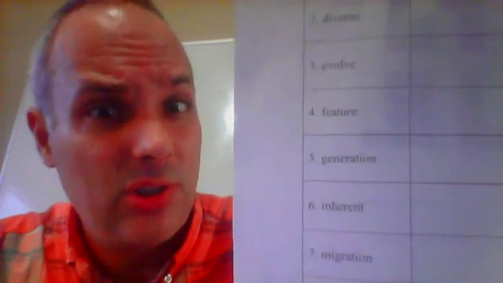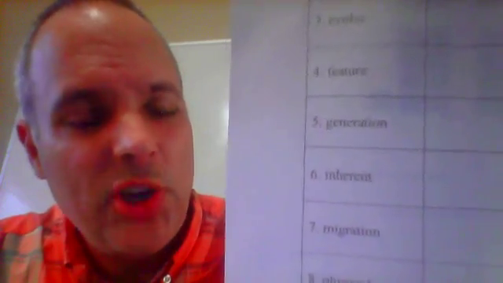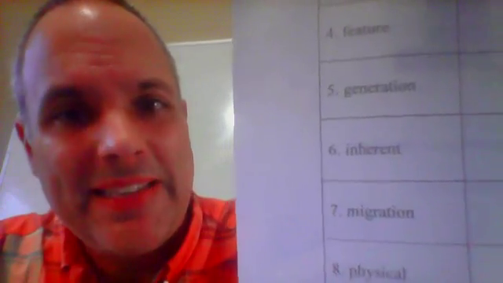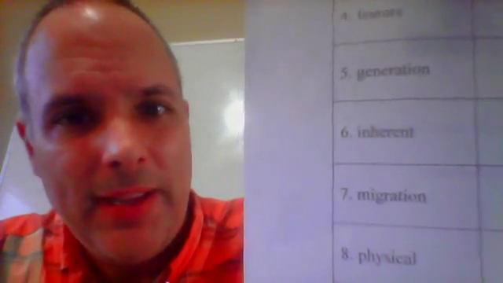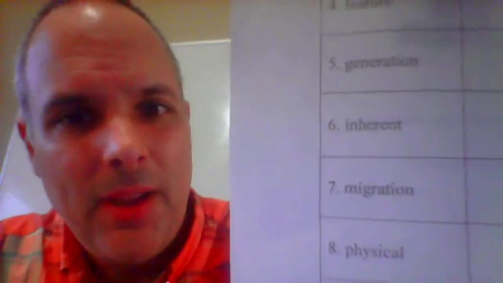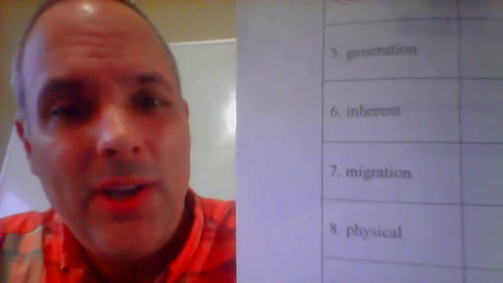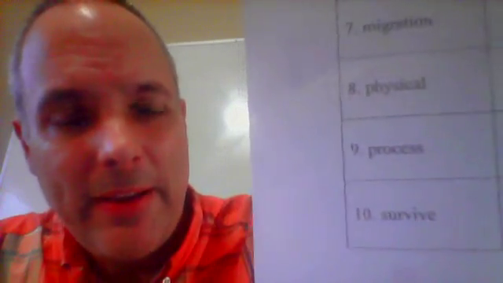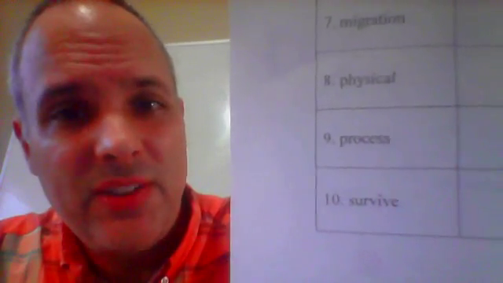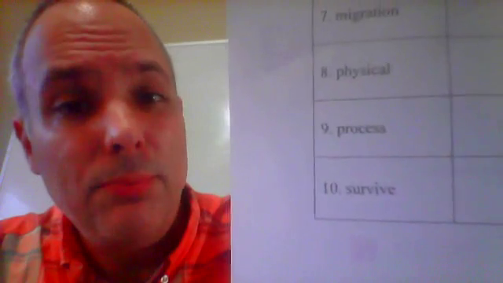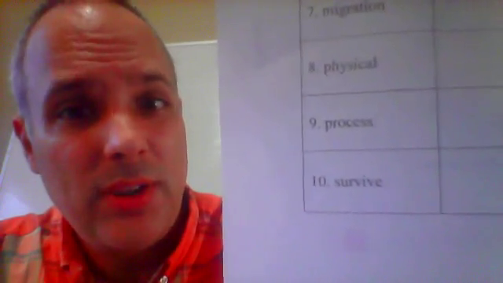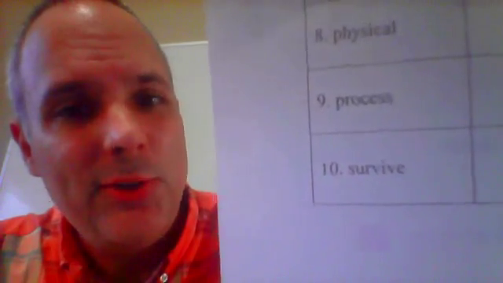Number 5, generation. Number 6, inherent. Number 7, migration. Number 8, physical. Number 9, process. And number 10, survive.